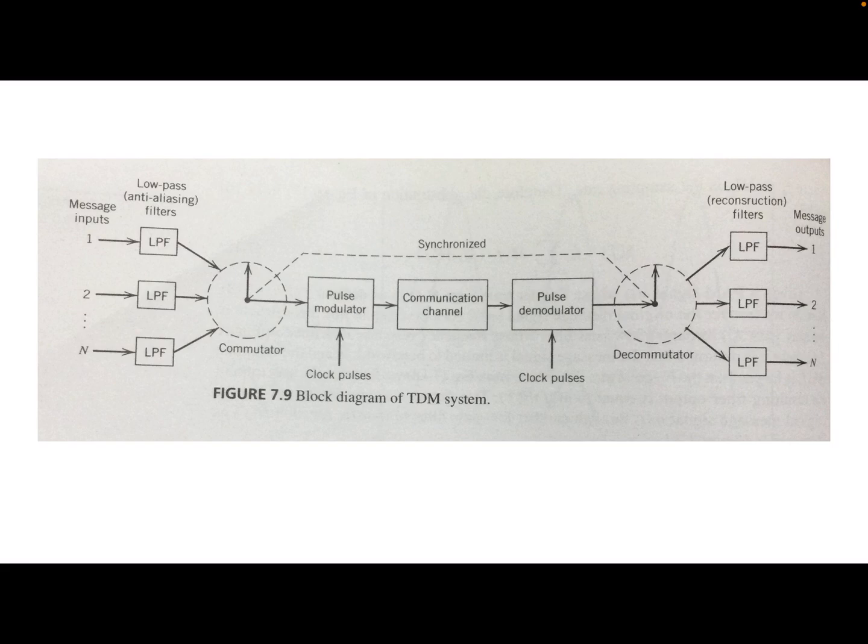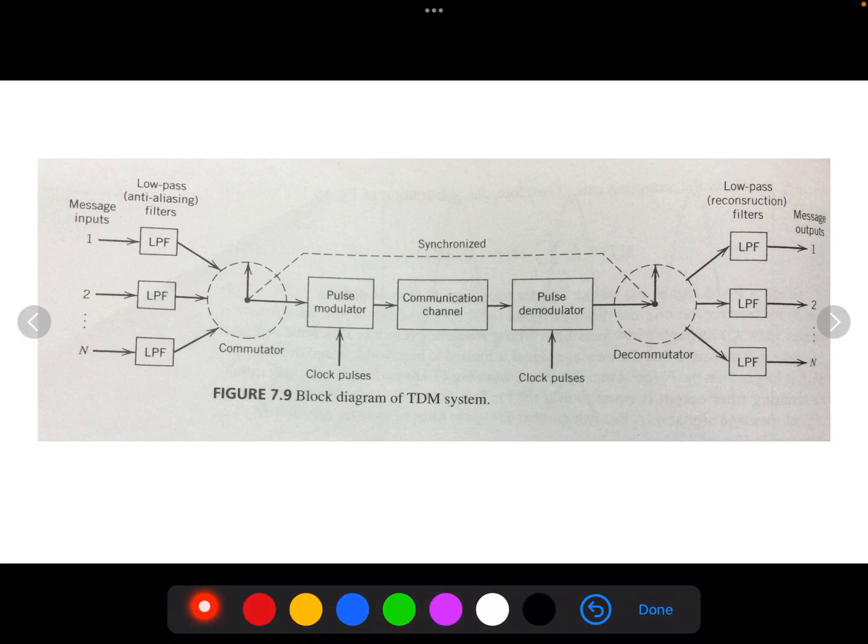The concept of TDM is explained as shown in the block diagram. Here, each input message, message 1, message 2 till message n, is first restricted in bandwidth by a low pass filter.